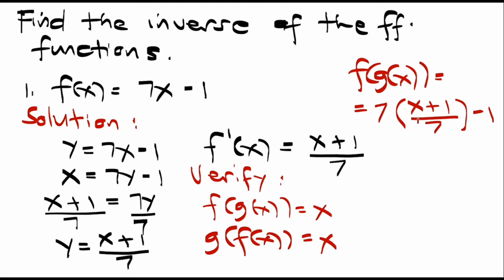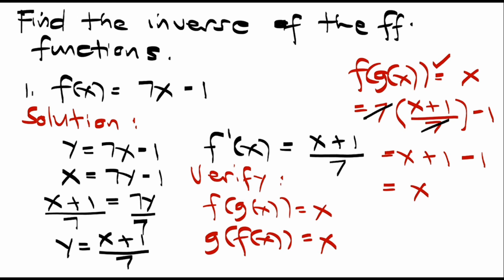So this is 7x minus 1, and x is replaced by g of x. So simplifying that expression, we can cancel out 7. So we'll have x plus 1 minus 1, and 1 minus 1 is equal to 0, meaning this is equal to x. So our first condition is verified.